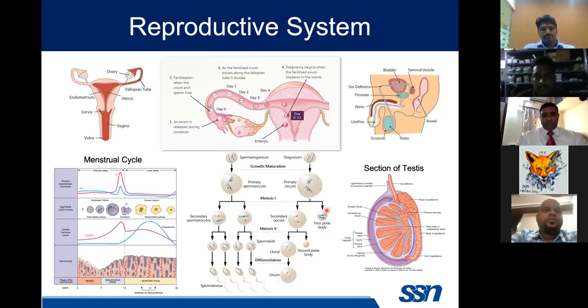So there is a major difference between spermatogenesis and oogenesis. Every cell here at this level will become a sperm, whereas there will be a first polar body that is formed at the first meiosis, and a second polar body which is formed just before fertilization.